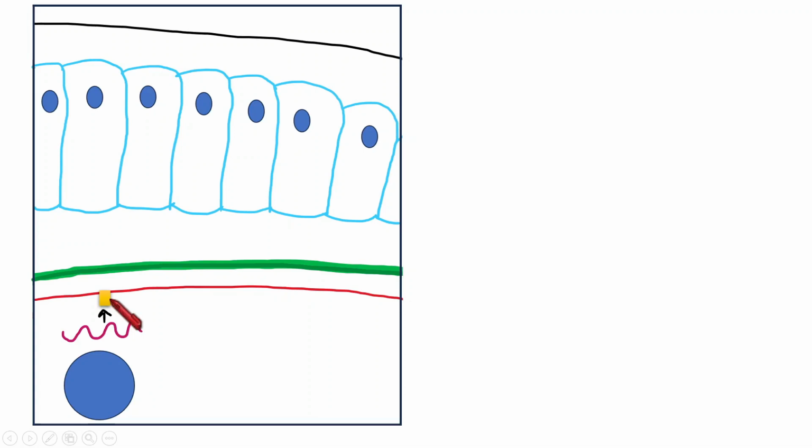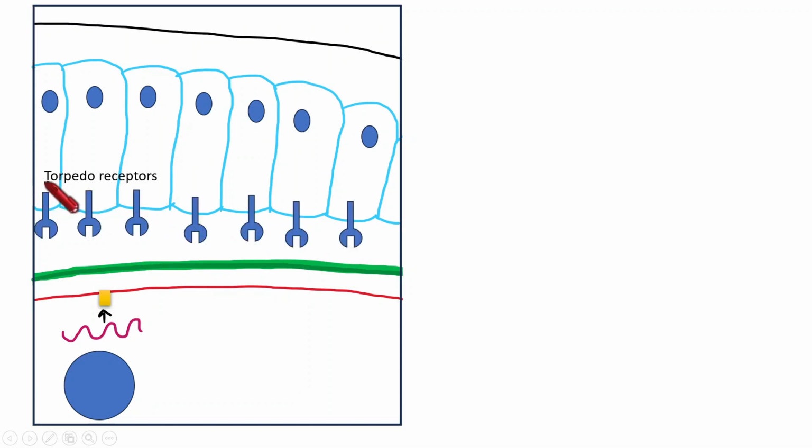What is forming? Gurken protein. And this Gurken protein, what is its next fate? In the follicle cell, like in the case of the posterior follicle cell, here also torpedo receptors are present, a product of the torpedo gene.